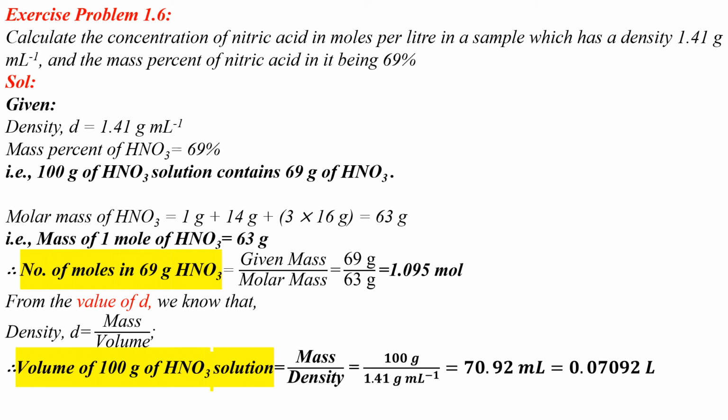Therefore this is calculated by the formula: number of moles of HNO3 is equal to given mass of nitric acid divided by molar mass of nitric acid. Now what is the molar mass of nitric acid? We shall do the calculation in the usual way. Molar mass of nitric acid is equal to 1 gram, the mass of hydrogen, plus 14 grams, the mass of nitrogen, plus the mass of 3 atoms of oxygen, given by 3 into 16 grams.